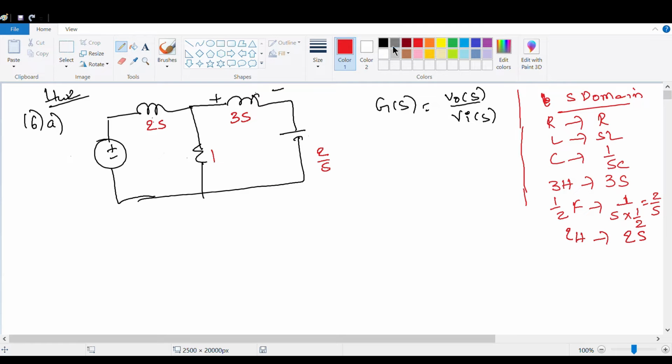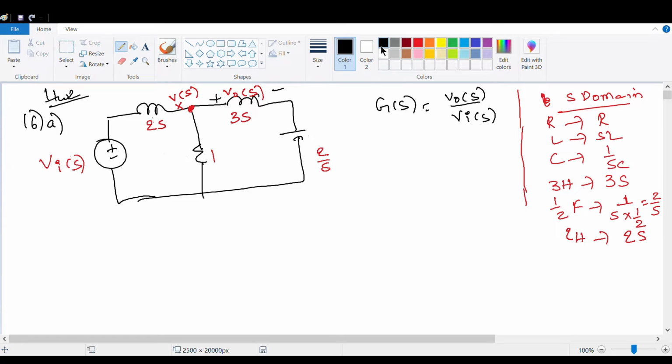The same way as the problem we have solved earlier, you have to represent some voltage as Vx of S, okay, and V naught of S and 2 by S.